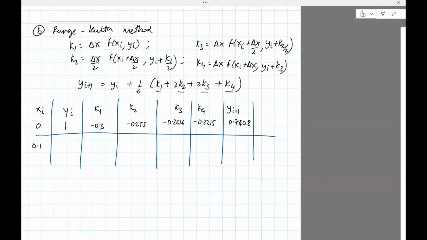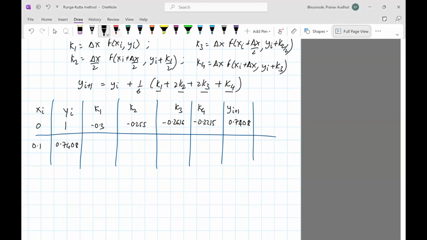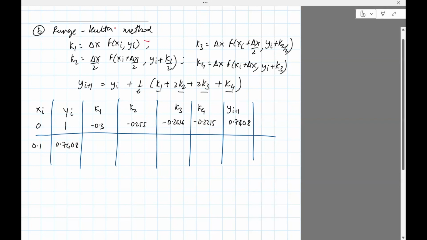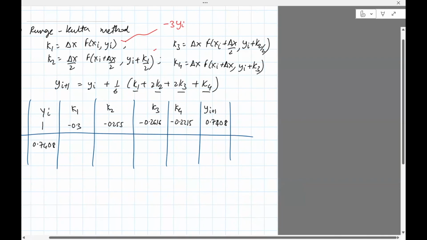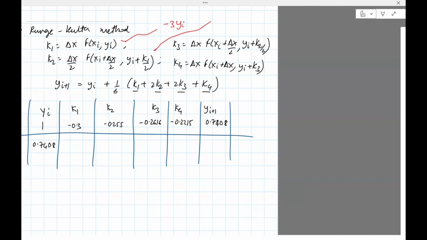Then you do 0.1, copy this value here, compute k1, k2, k3, k4, and you should know that this is minus 3 yi. Okay, for here, since a few people asked, this one you would put minus 3 times yi plus k1 divided by 2, because that's what the formula says, right?